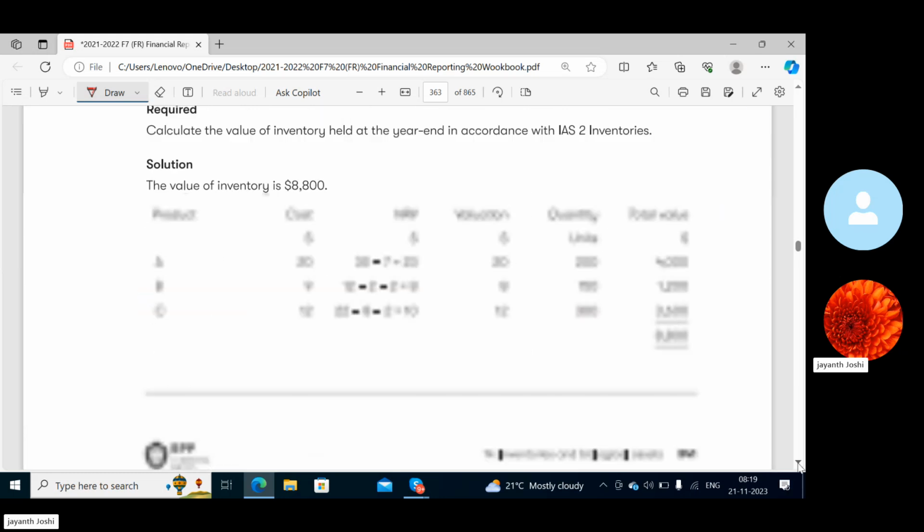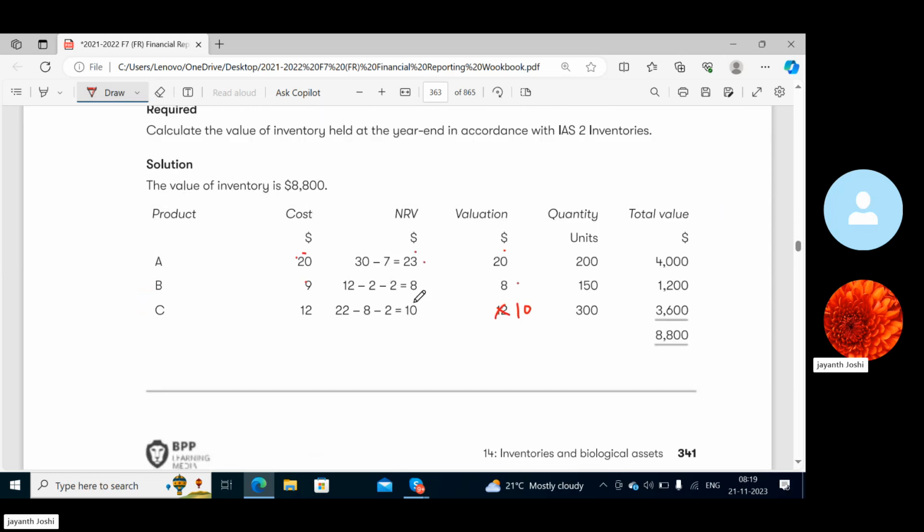So there is no more or less. Actually, this is wrong, right? It should be 12. 22 minus 10 is how much? 12. So there is no higher value, no lower value. So this is the value. These are the total values of the inventory, right? Shall we move forward?